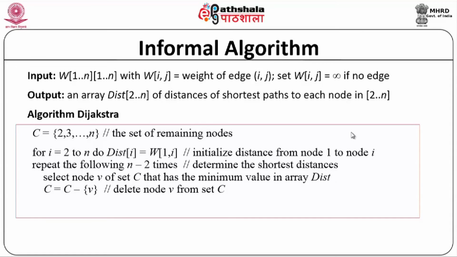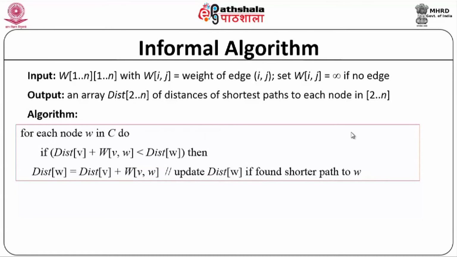The node V that has the shortest distance from the source is selected and deleted from the set C. Once we have done that, we have to update the distance.